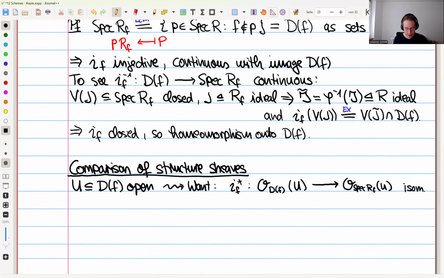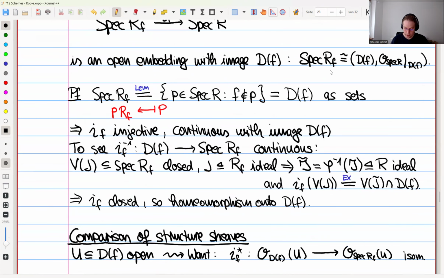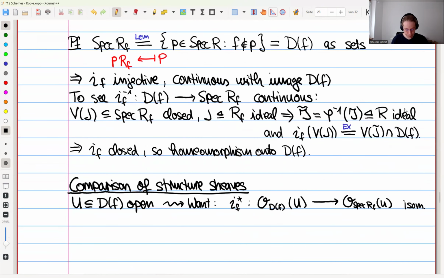And the final thing that we claim here is that the structure sheaf on Spec R_f, as an abstract affine scheme, is the same thing as the restriction of the structure sheaf of Spec R to this D(f).